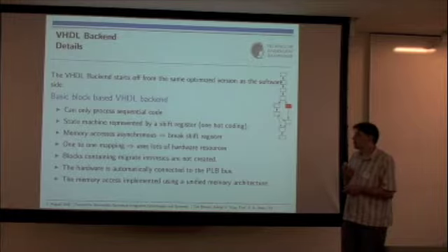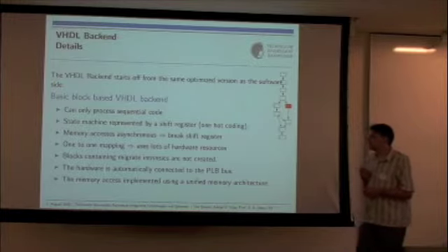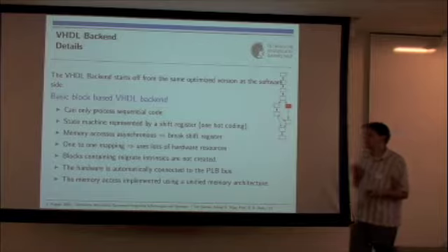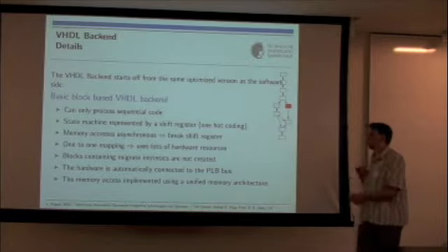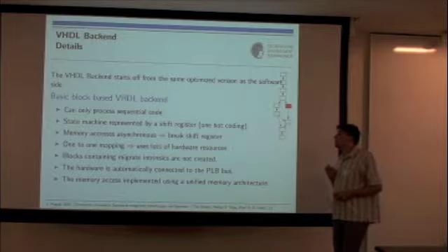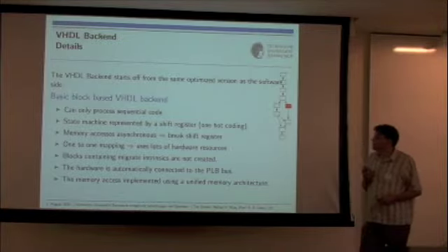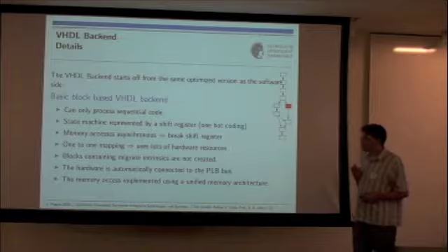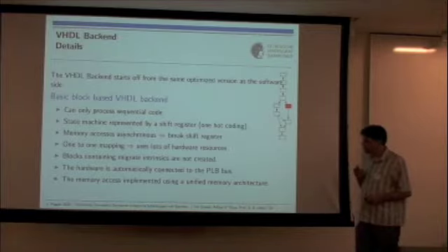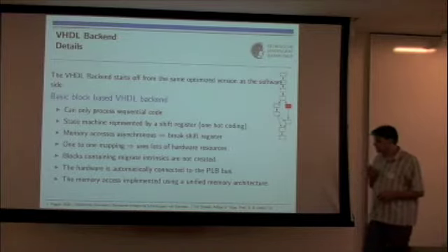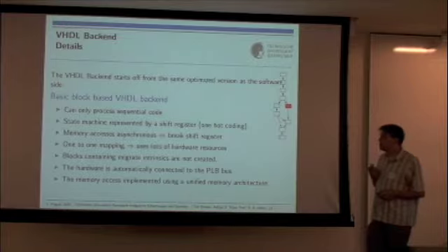For the instructions in the LLVM, the backend uses a one-to-one mapping for each instruction. In the LLVM, there's a hardware element implemented. This uses quite a lot of hardware resources for bigger blocks. Blocks containing migrate intrinsics are not created.